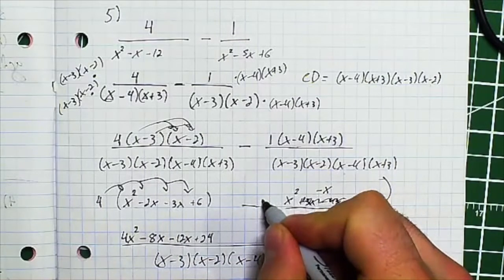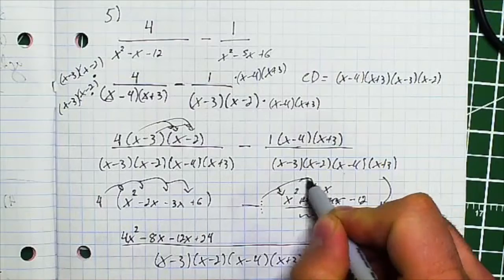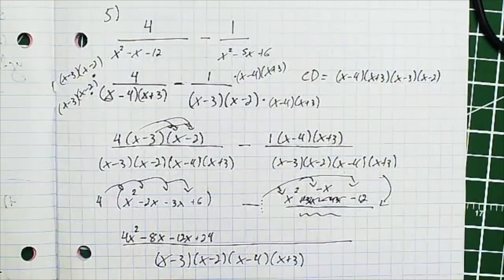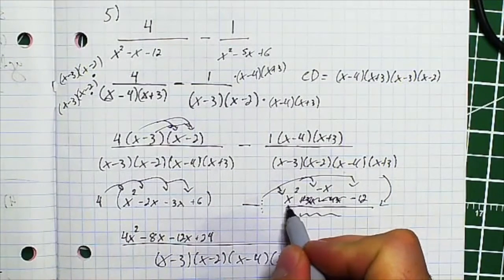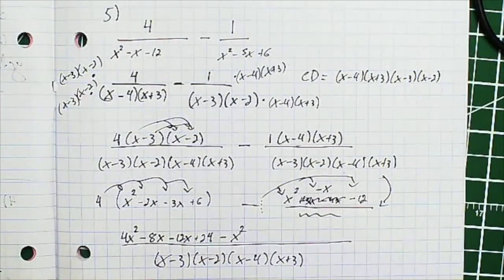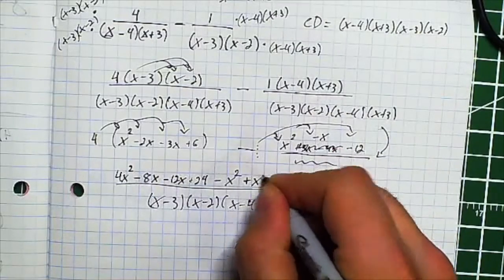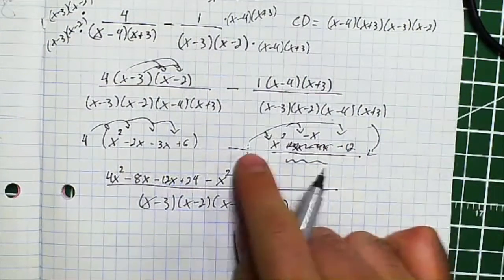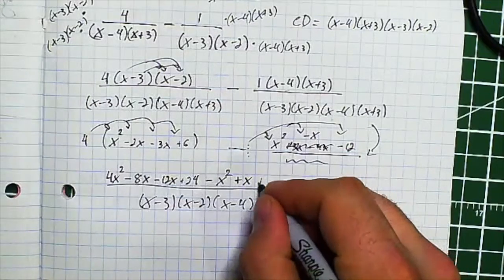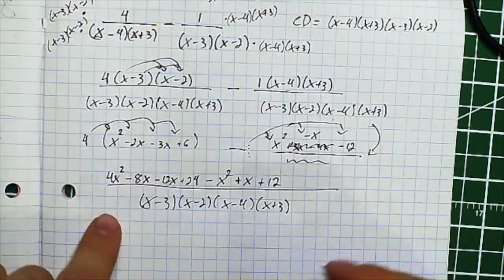So I'm just going to not worry about that. However, now when I'm combining everything, there's a negative 1 that's going to multiply every single term. So negative 1 times x squared turns into negative x squared. Negative 1 times negative x turns into positive x. And negative 1 times negative 12 turns into a positive 12.